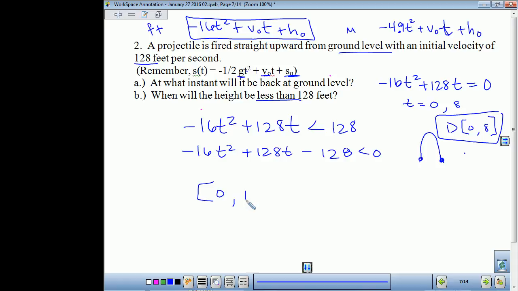So it goes from 0 to 1.172. And then again from... Yeah, that's it.